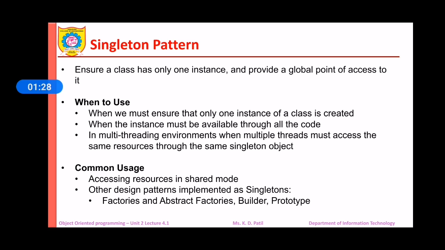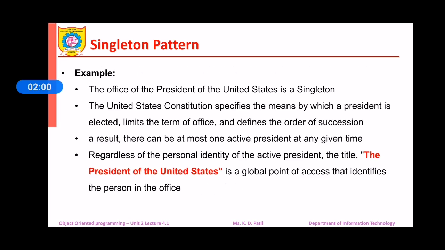It is used when we must ensure that only one instance of a class is created, when the instance must be available throughout the code, and in the multi-threading environment when the multiple threads must access the same resources through the same singleton object. The singleton patterns access the resources in the shared mode. They are used to implement the different patterns such as factories, abstract factories, builder, and prototype.